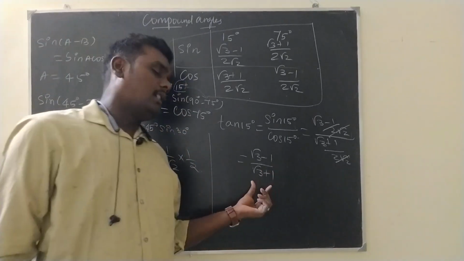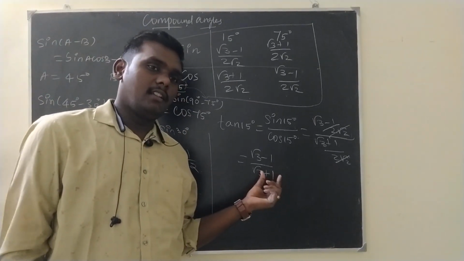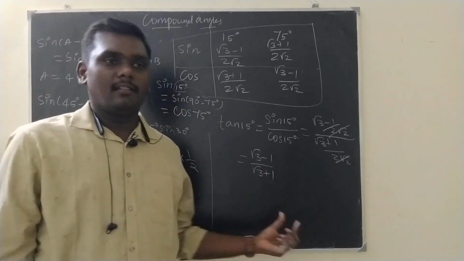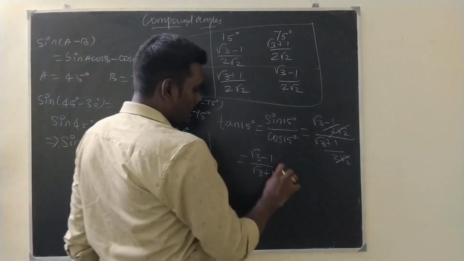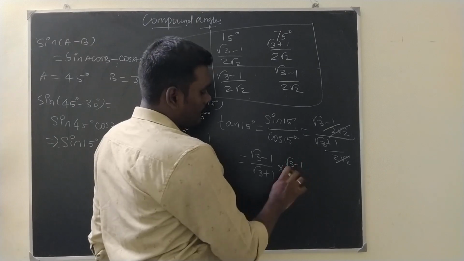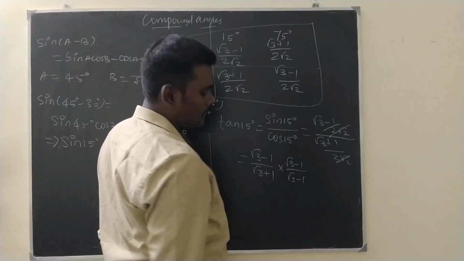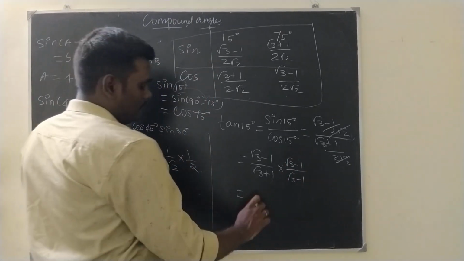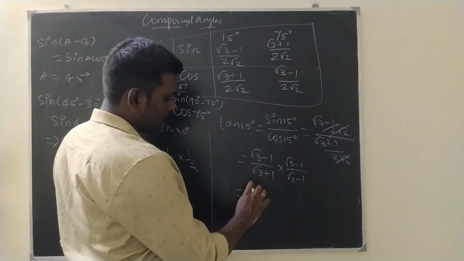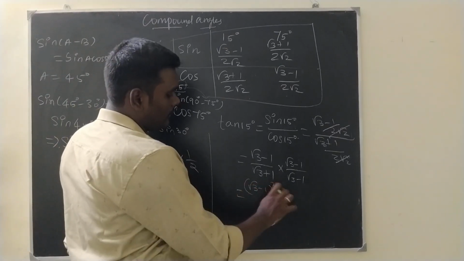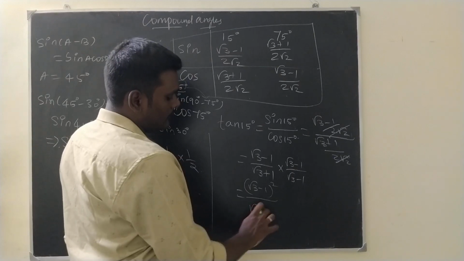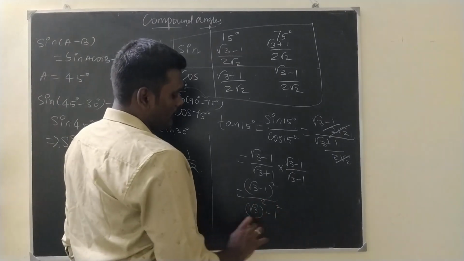But we should not leave the answer with an irrational denominator. We should rationalize the denominator. To rationalize it, we multiply root 3 minus 1 in both numerator and denominator. Then we get root 3 minus 1 whole square divided by root 3 square minus 1 square.